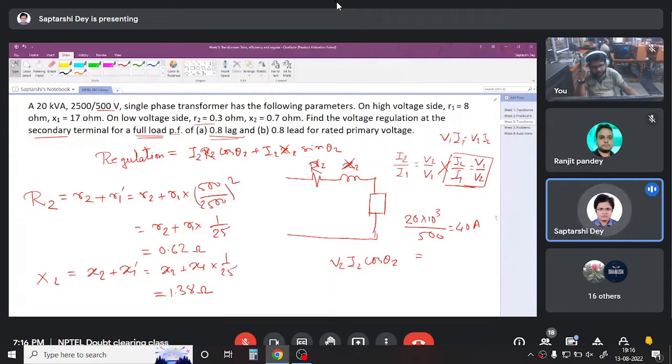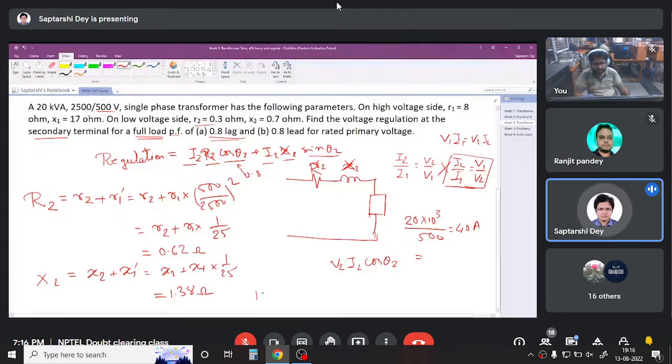What you have to do after this? You have to simply apply this formula. We have R2, I2, and cos theta 2 will be 0.8. These values we all have, and we will get some voltage.